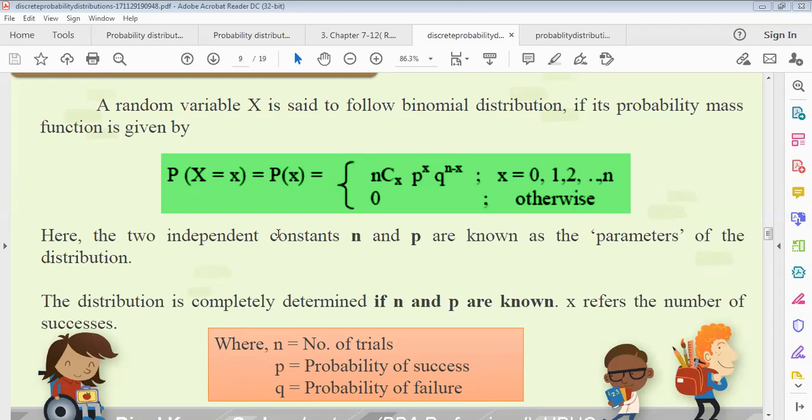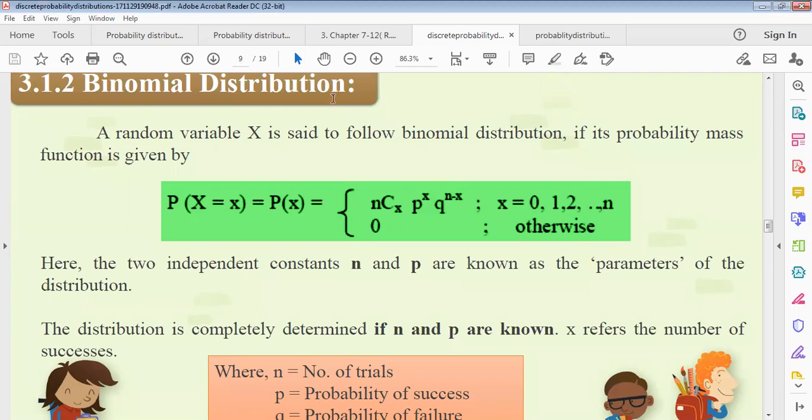So in binomial distribution, actually there will be two outcomes: one is success and the other is failure. For only two outcomes and for repeating trials, we have to apply binomial distribution. If we do not apply it as repeating trials, that means only two outcomes and one trial, then it becomes Bernoulli distribution.